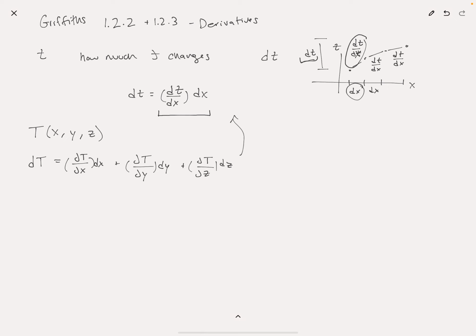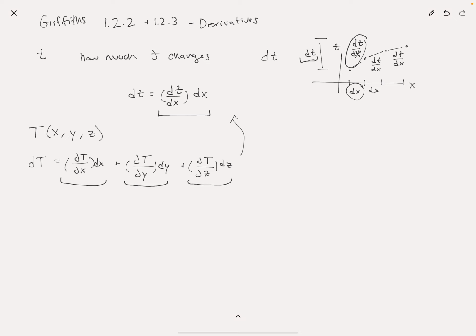Now we have partial derivatives because there are multiple variables, but the same kind of idea exists. So now I have some dependence on x, some dependence on y, and some dependence on z.